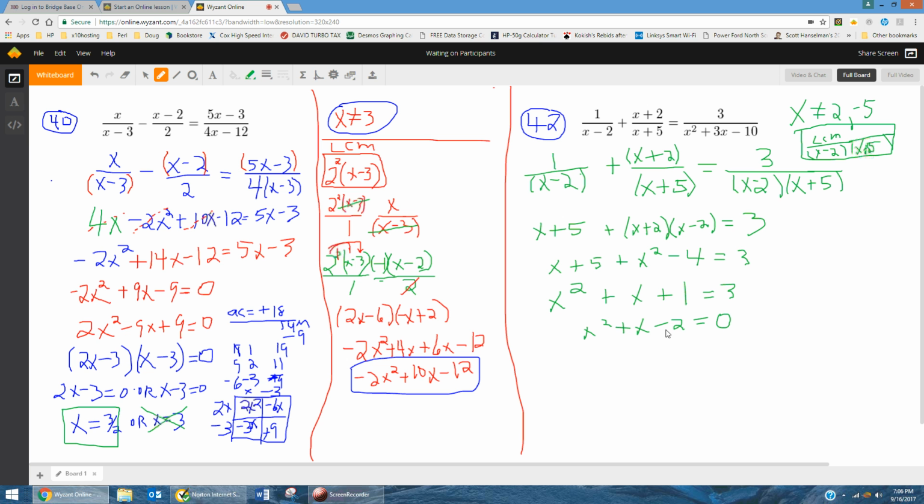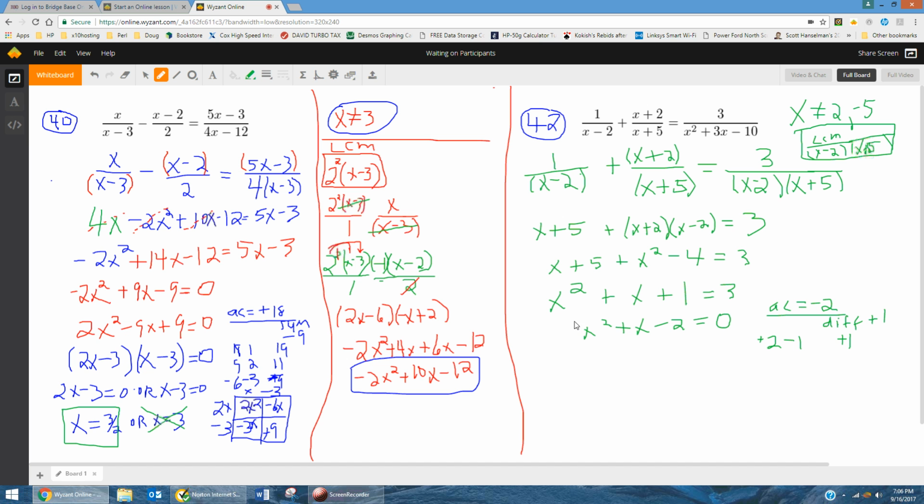I'm looking for factors of minus 2, or multiples of minus 2 that have a difference of plus 1, the number in front of the x. Well, there's only 2 multiples of 2. They're 2 and 1. And they do have a difference of 1. I want it to be a positive 1, so I put the plus here and the minus here.